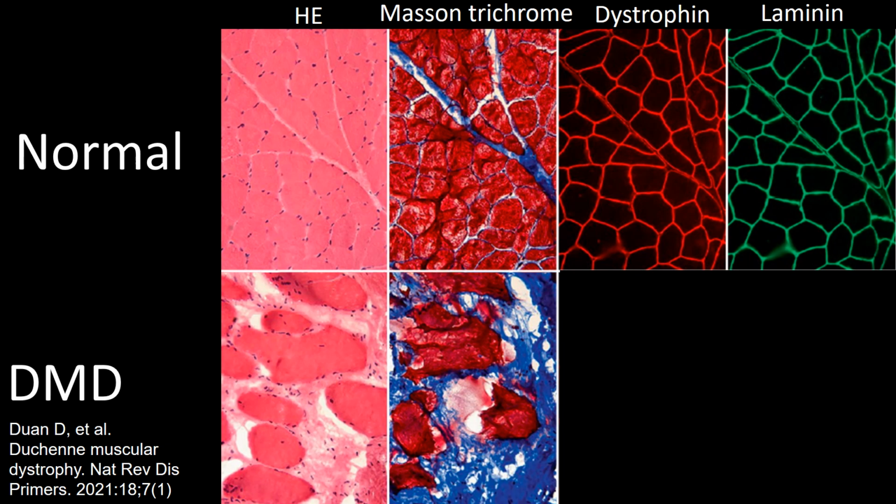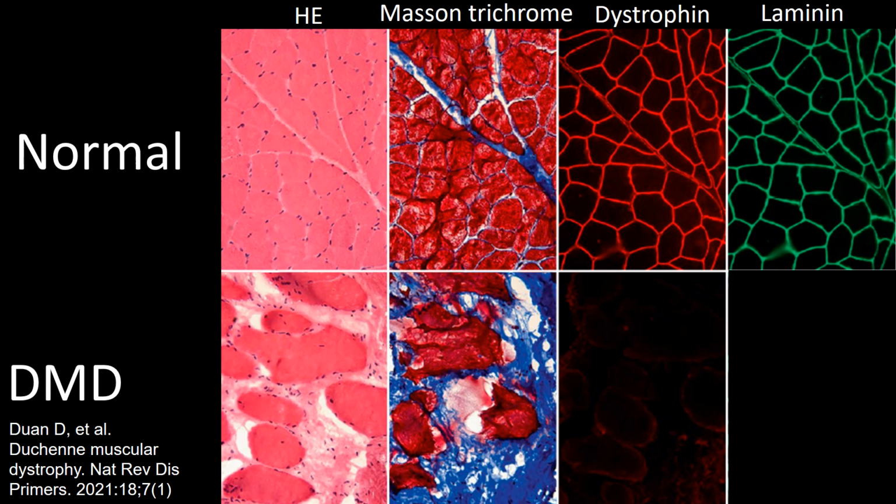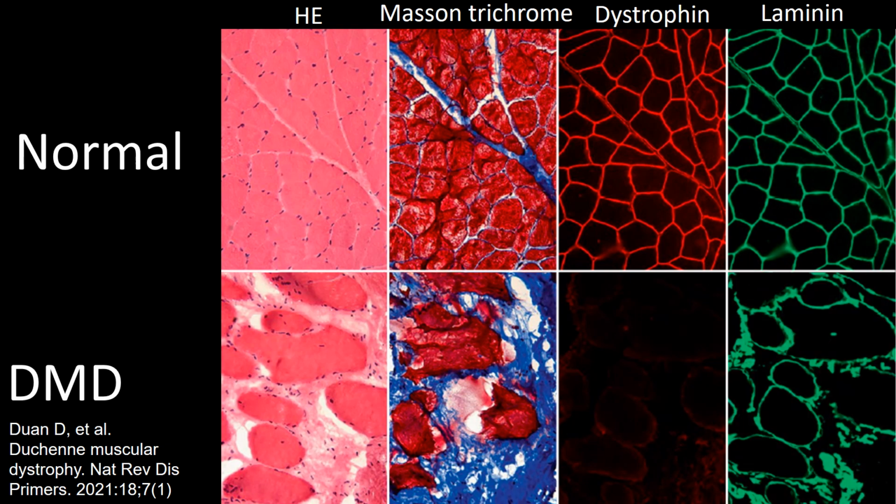With trichrome stain, DMD specimens reveal thick bands of collagen traversing the specimen. Dystrophin stain in DMD muscle is hardly perceivable. Laminin stain in DMD muscle reveals a poorly organized pattern.